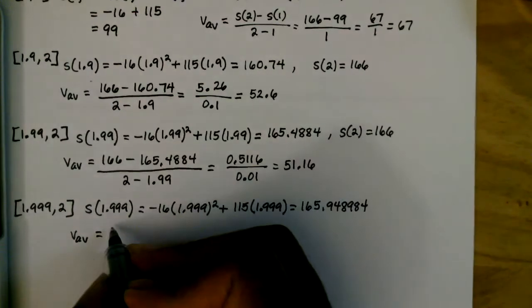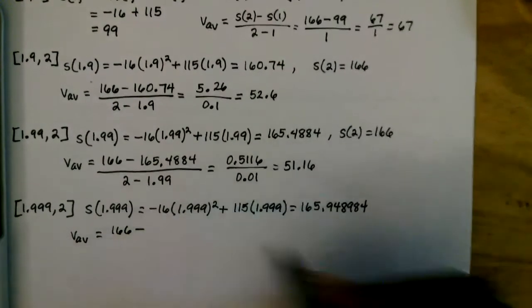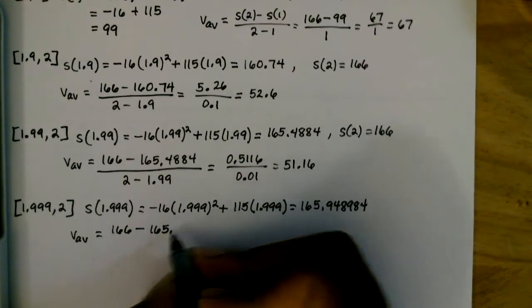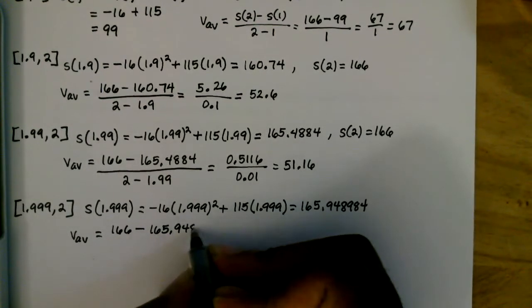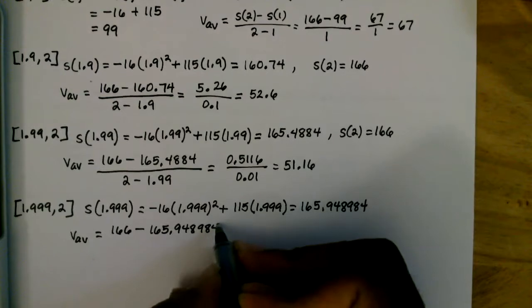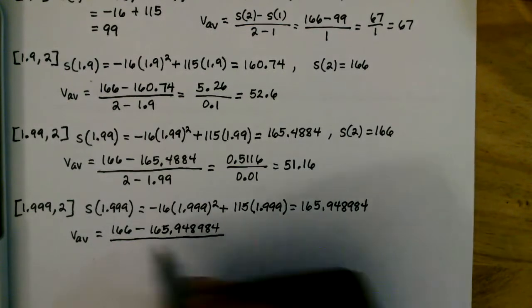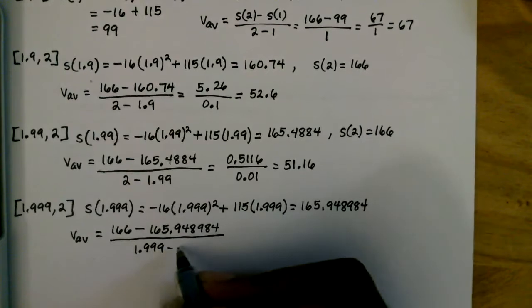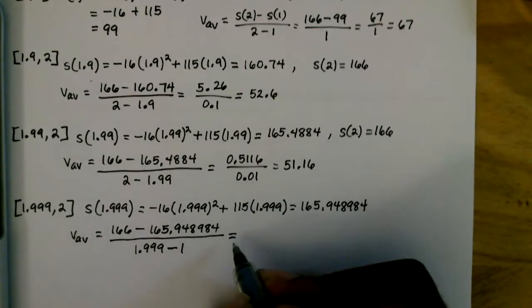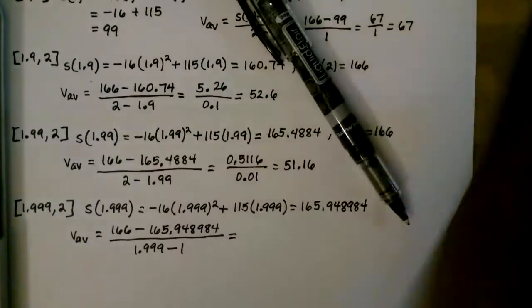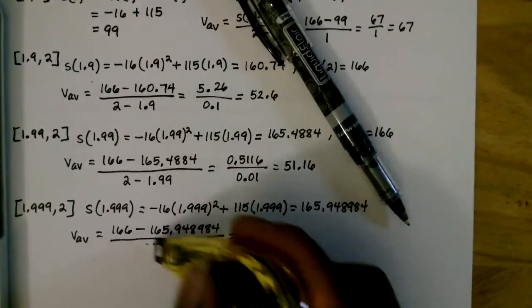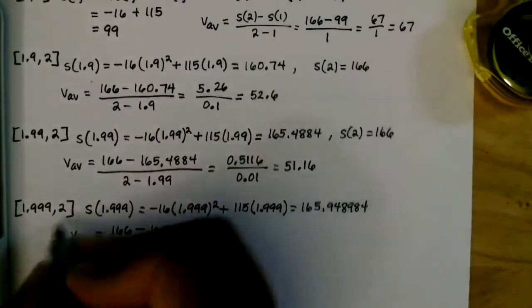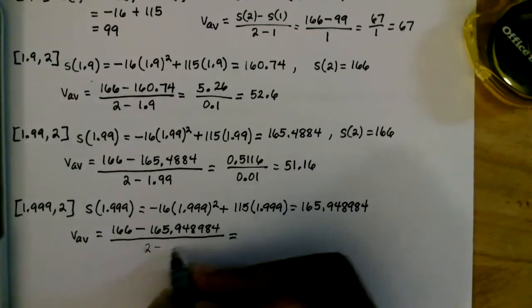And S of 2 is 166, minus S of 1.999 will be 165.948984, divided by 1.999 minus, I mean 2 minus, the other way around, 2 minus 1.999.